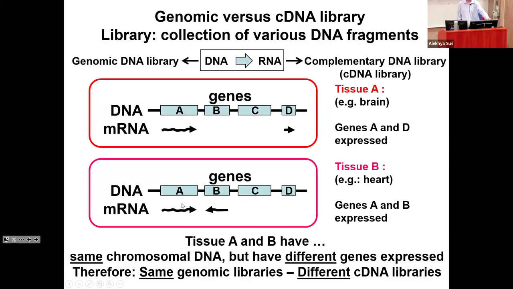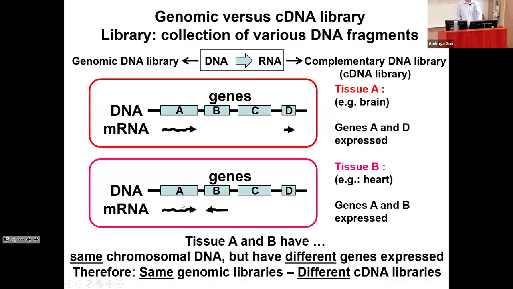When we look here, we have a comparison of tissue A versus tissue B. There are different genes expressed. So we would obtain a different cDNA library because we will use messenger RNA as a starting material. In contrast, genomic DNA would be the same.